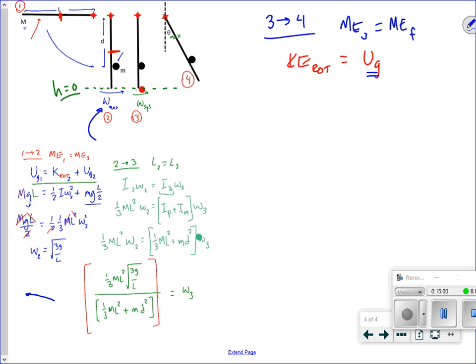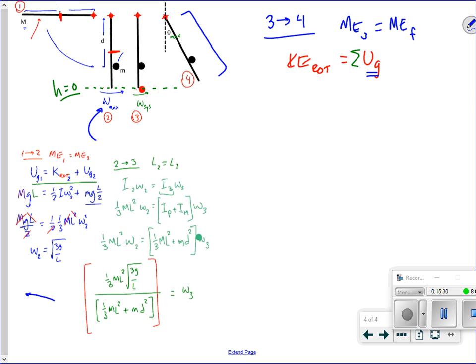One is you can say that this system can be simplified as a point mass located at that system's center of mass. I'm not going to do that. What I am going to do is say that these are just two objects, each of which undergoes some change in gravitational potential energy, and we can treat them separately.